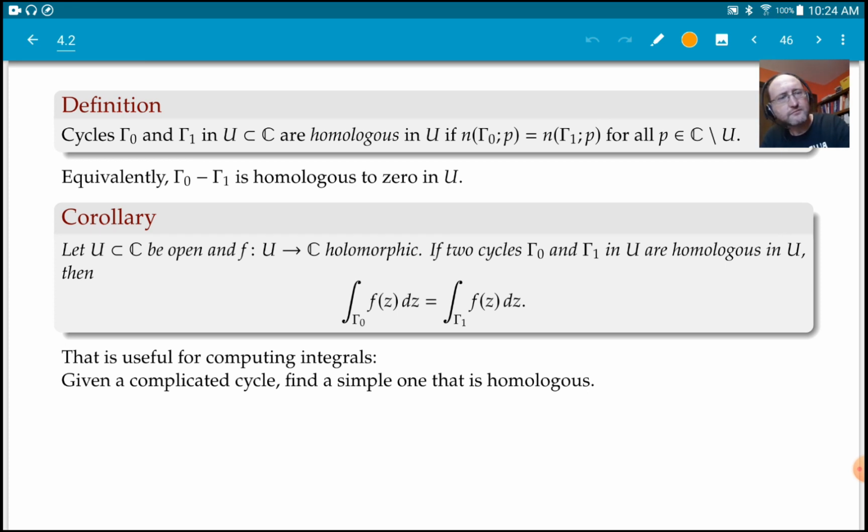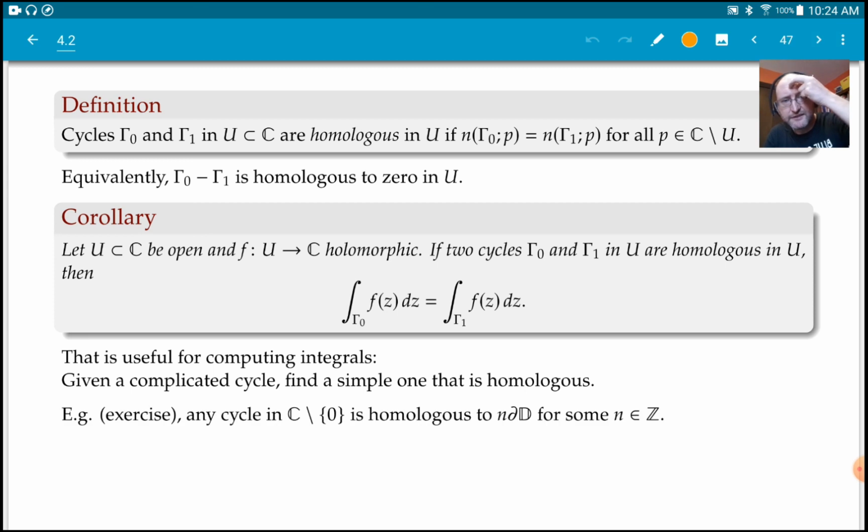So that would be sort of the application of this. For example, I forgot I was going to give an example. If we have any cycle in C minus 0, it's always homologous to some multiple of the unit circle going around counterclockwise, possibly a negative multiple.